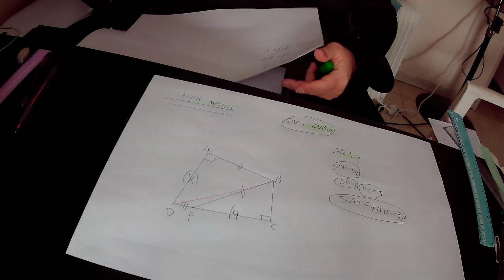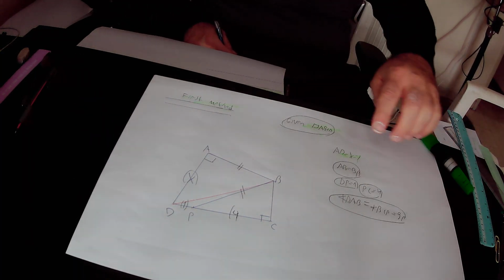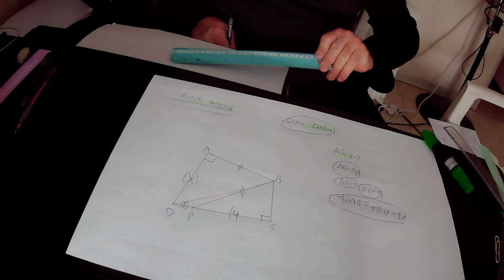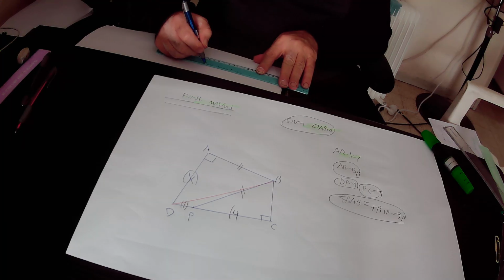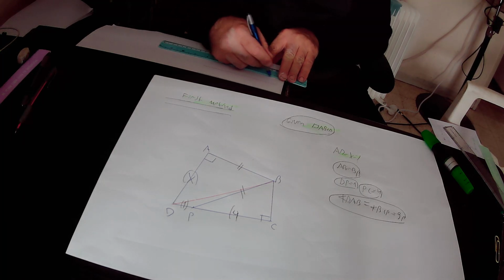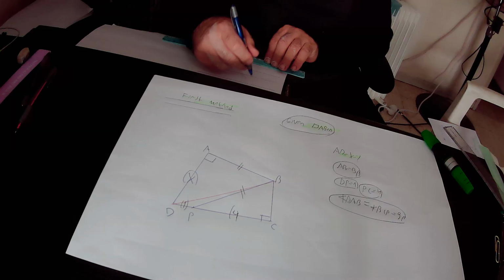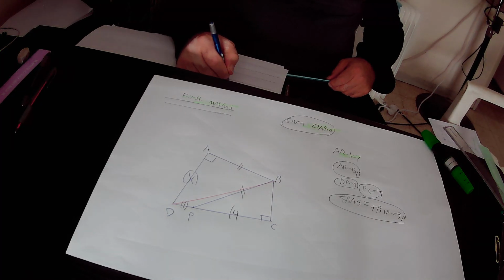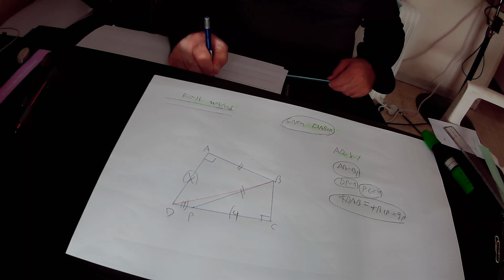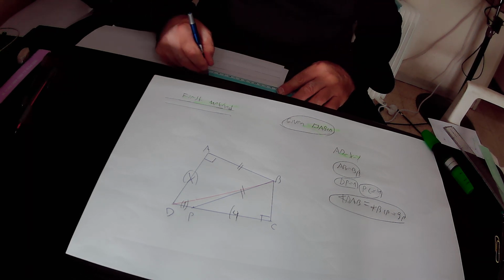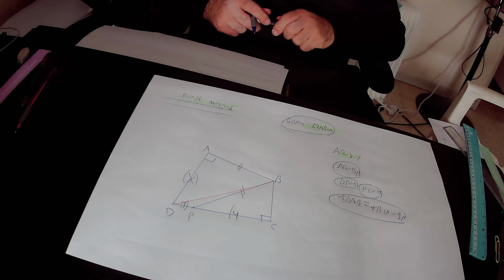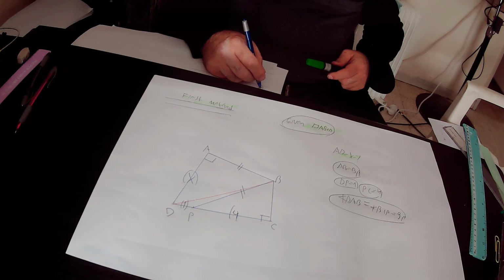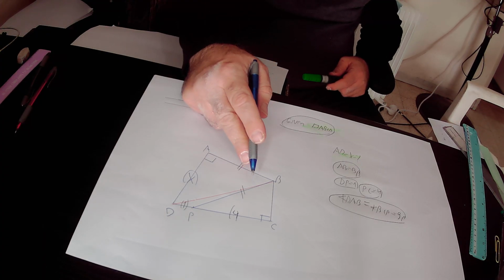Likewise, we will implement the Pythagoras theorem on the lower right triangle, triangle BDC.